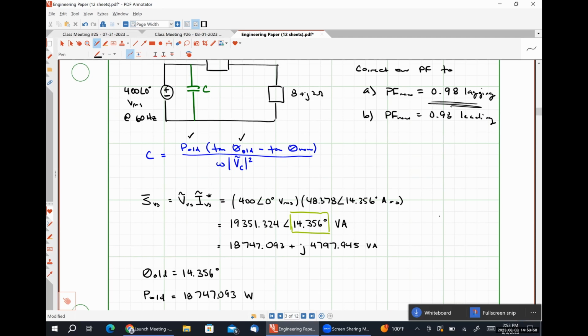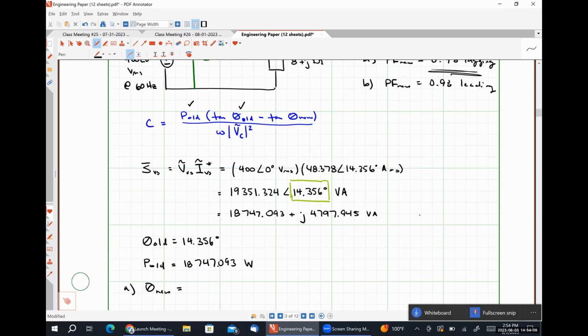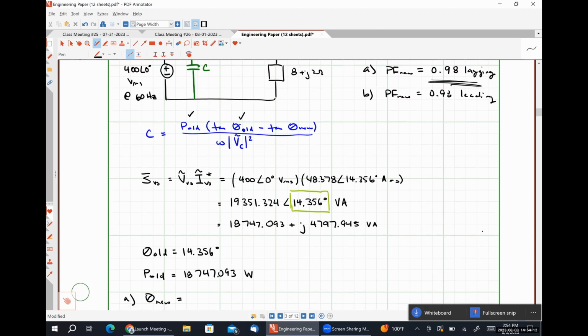So for part A, in order to find theta nu, we have to use our new target power factor, which would be 0.98 lagging.